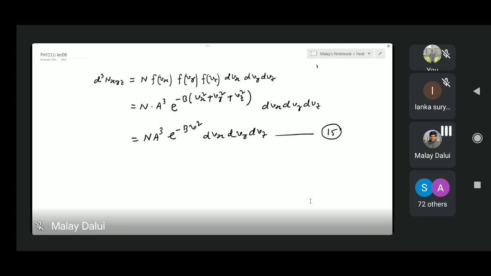There, we will express the number of molecules having speed in the range of magnitude v and v plus dv, where v is the square root of vx square plus vy square plus vz square.